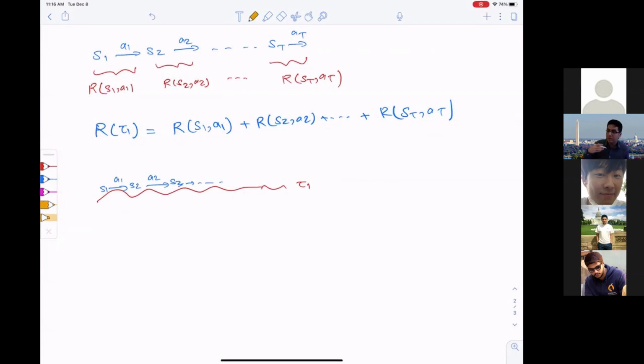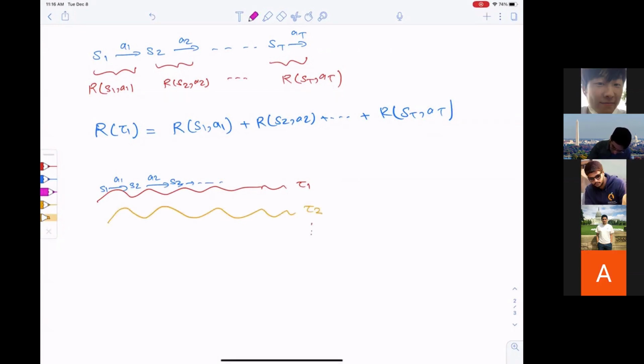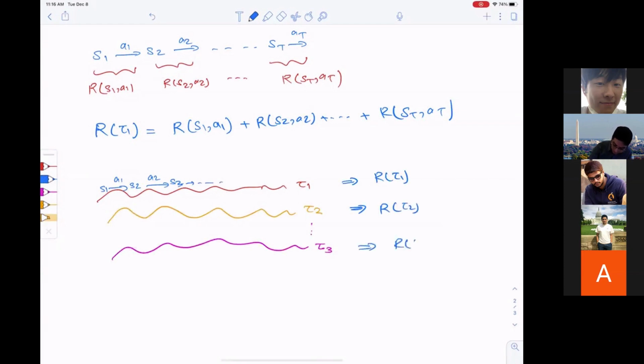Let's say I generate another trajectory from my simulator, and I repeat this many times. Tau 3, so on and so forth. For each of them, I'm collecting the reward. This is the reward associated with tau 2, and this is the reward associated with tau 3.